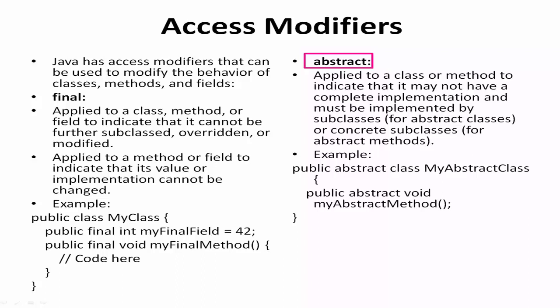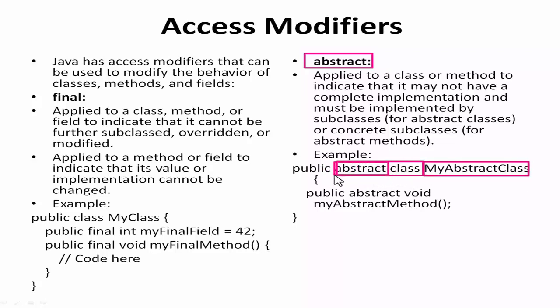Like a parent who has laid a foundation and the child has to complete the building. In such a manner you use abstract methods. For example, you have declared a class and before the class you have applied abstract. The name of the class is MyAbstractClass.